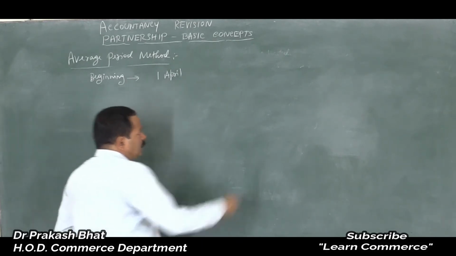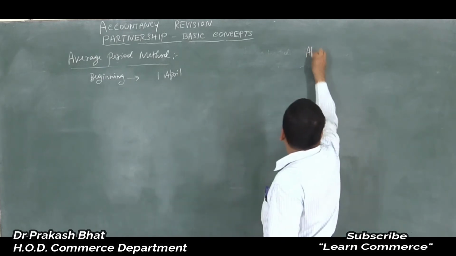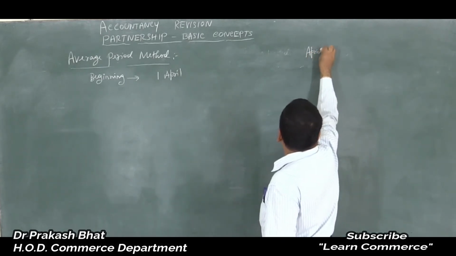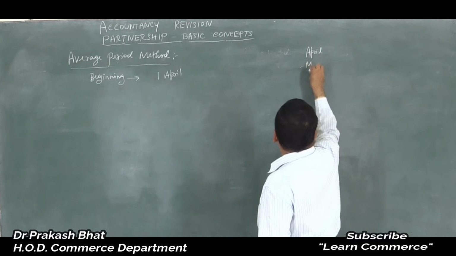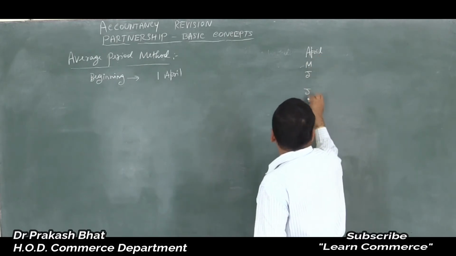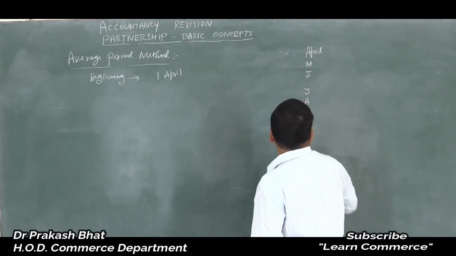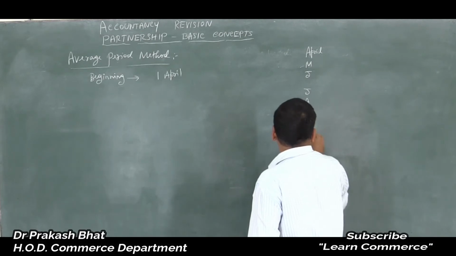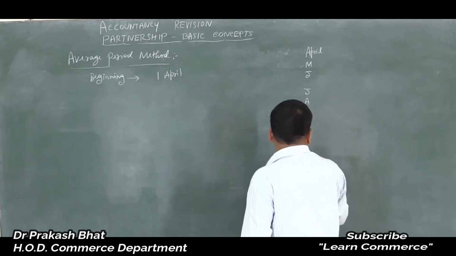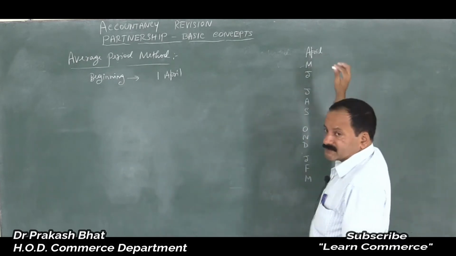I will divide here April, May, June, July, August, September, October, November, December, January, February, March. So these are the 4 quarters friends.